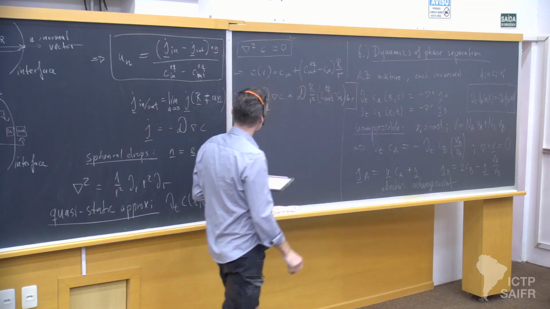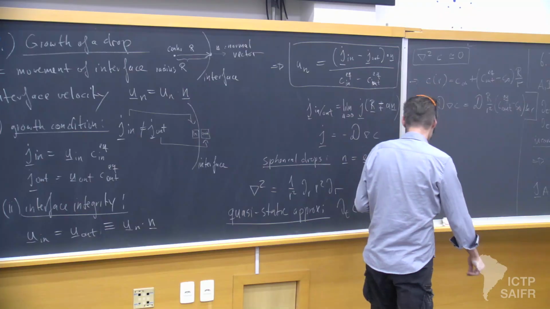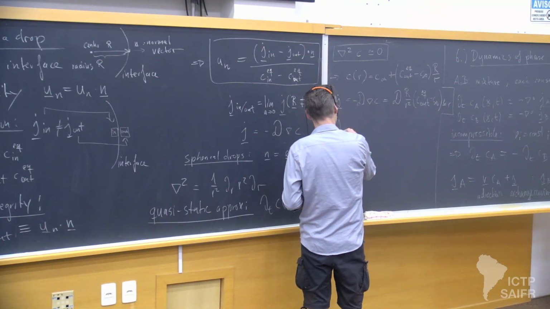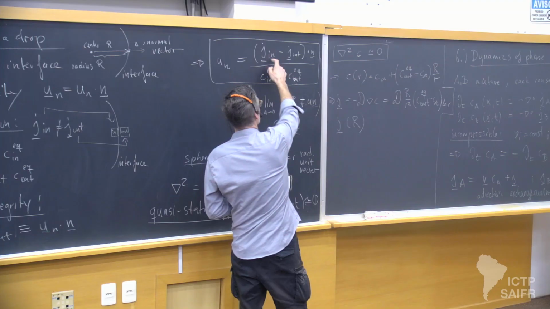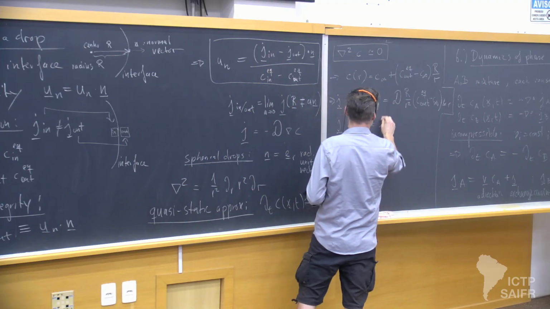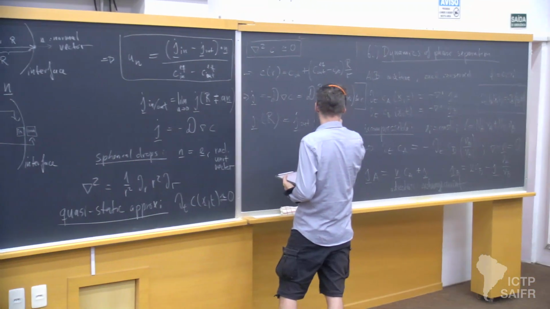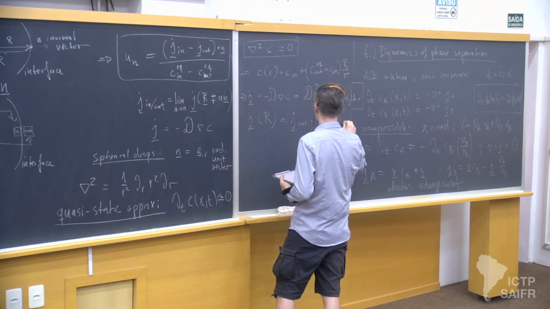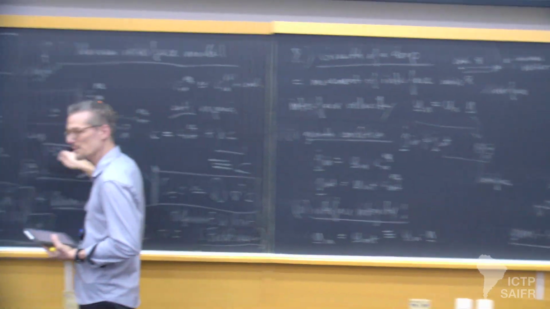Okay, so you can calculate the flux, and you can calculate the flux at the interface, if you like, because you want to calculate J out. J in is 0 because we approximate this problem with a constant equilibrium concentration inside.